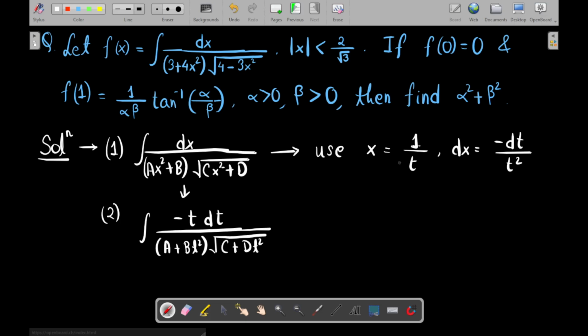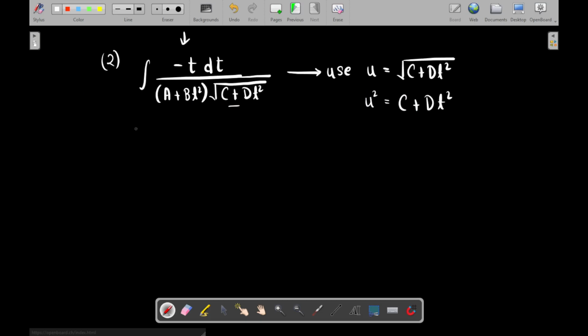You need some simplification here, but once you do these two substitutions, it will eventually come to this format. Once you have this format, you use another substitution, a variable u which is equal to the square root of c plus d t². Or you can also square it and use u² equal to c plus d t².